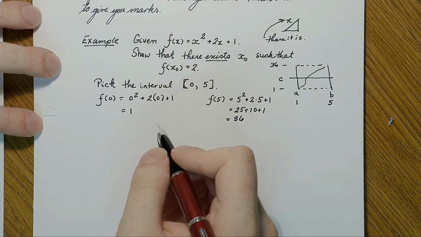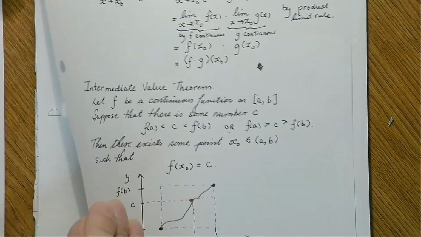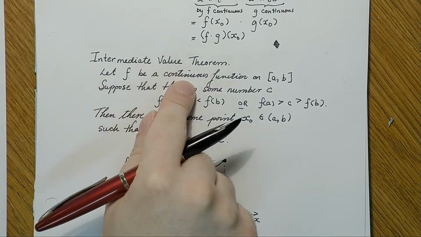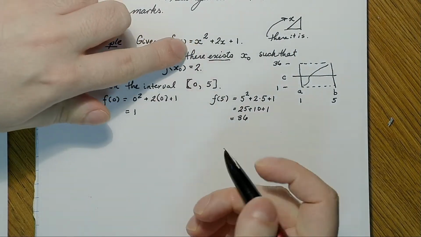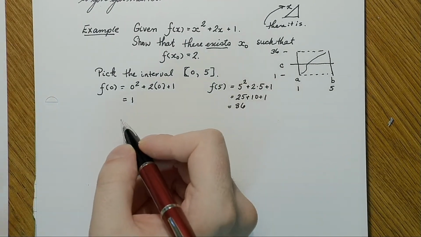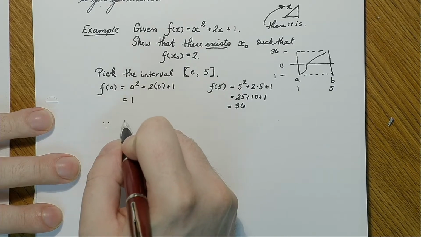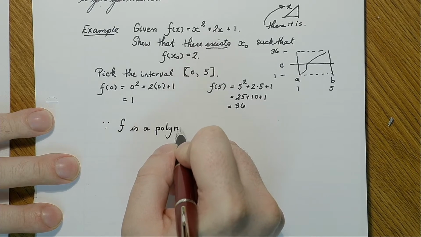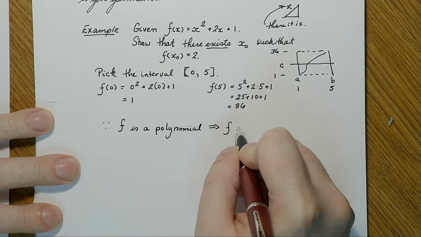Now, what else is important about the intermediate value theorem? Another assumption that f has to satisfy is that it is a continuous function. This function is continuous because it is a polynomial. So I'm going to say, since f is a polynomial, this implies f is continuous.